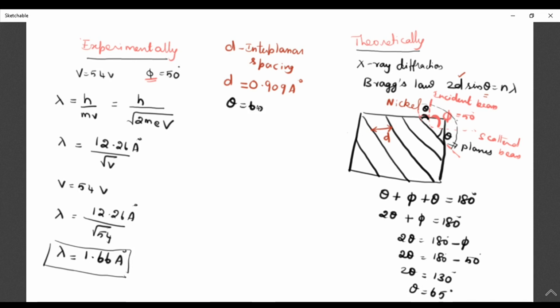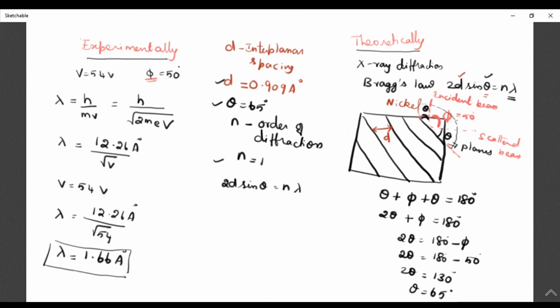Now we know the d value, the theta value, and n. What is n? n is the order of diffraction. Here we are going to consider the order as 1, so n is equal to 1. Now we know the d value, theta value, and n, so we can calculate lambda. What is Bragg's law formula? 2d sine theta is equal to n lambda.